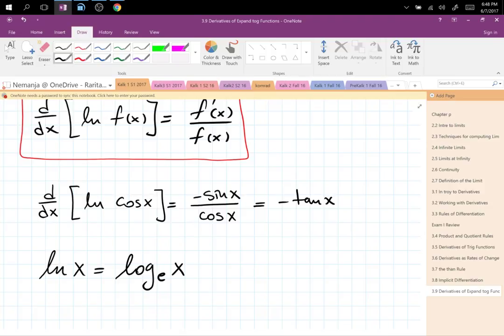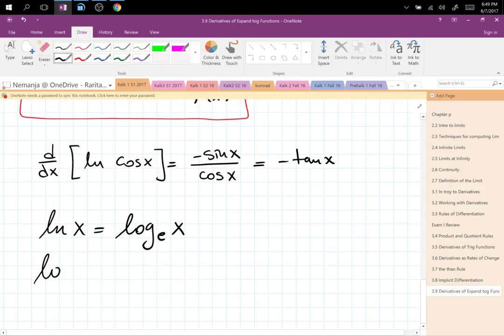So log base 10 is the second most important base, the second most frequent base. So that's why you have those 2 special notations. If you just have log x, that means log base 10 of x. And if you have ln, that's the natural logarithm because the base is e.